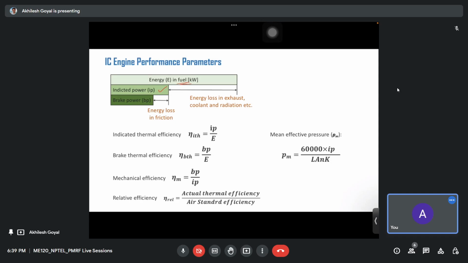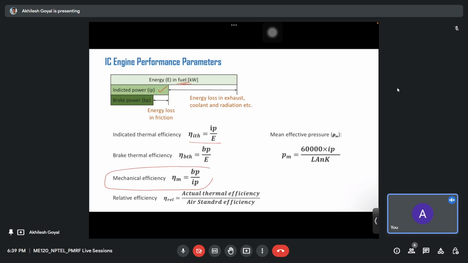These efficiencies are defined as follows: the indicated thermal efficiency is the indicated power divided by the fuel energy, and the brake thermal efficiency is the brake power divided by the fuel energy. But the mechanical efficiency is the brake power divided by the indicated power, because in the mechanical efficiency we are considering only the mechanical losses in terms of friction loss. This way these three efficiencies are defined, and also there is a relative efficiency.